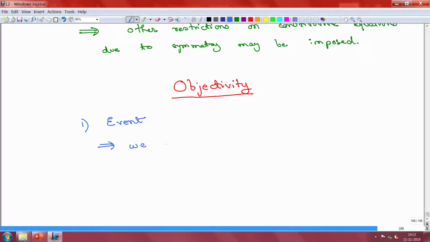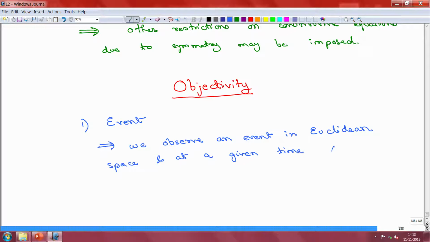We observe an event in Euclidean space and at a given time. So, you have some spatial location and time with which you can associate the event.